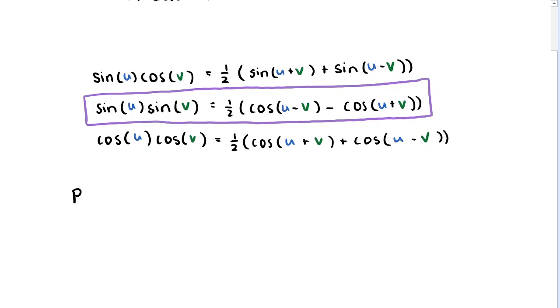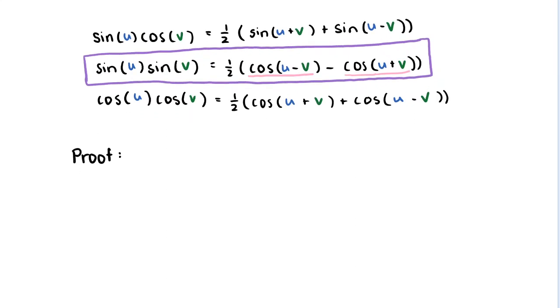Like I said a moment ago, these identities can be proved using the angle sum and the angle difference identities for sine and cosine. In particular, this identity involves an angle sum and angle difference of cosine. So let's start by reminding ourselves what the angle sum and difference identities for cosine look like.